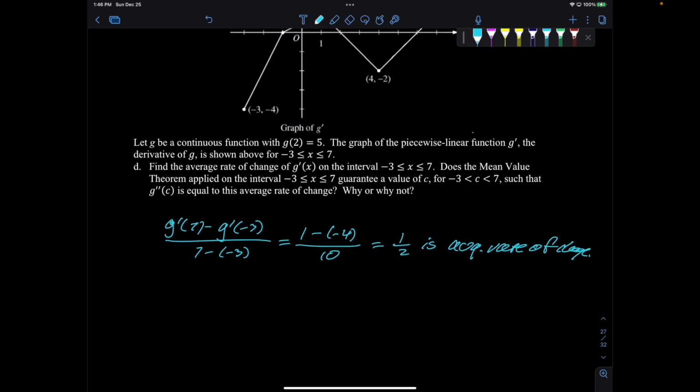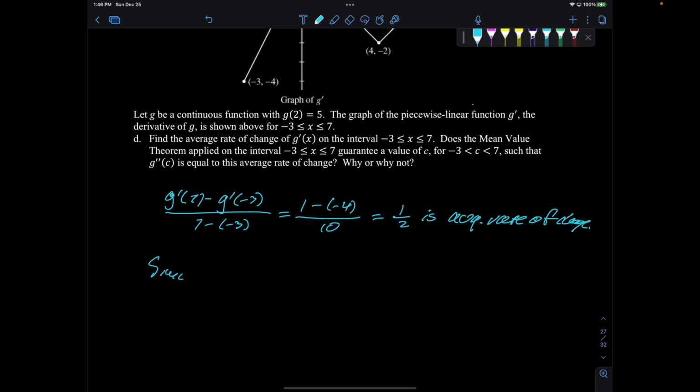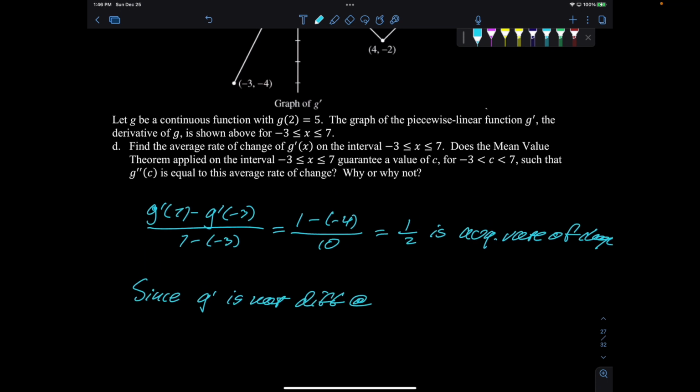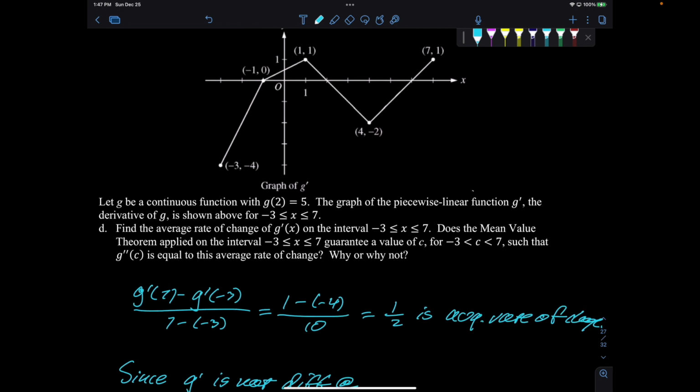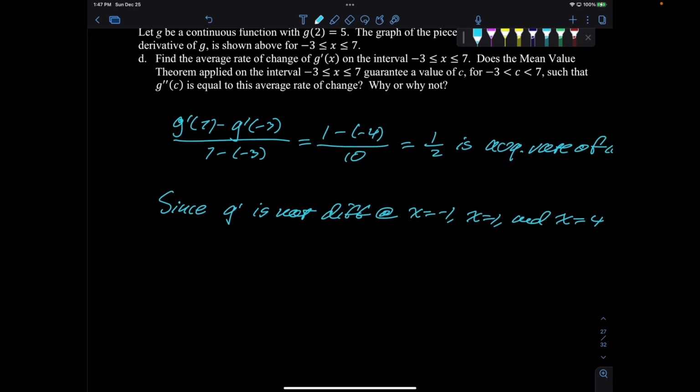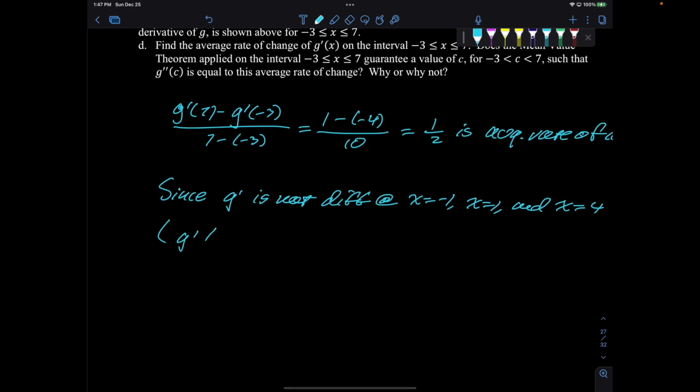So the answer is: since g prime is not differentiable at, I'm going to list all of them, though you only need one, x equals -1, x equals 1, and x equals 4, and in parentheses, g prime has sharp turns at those values.